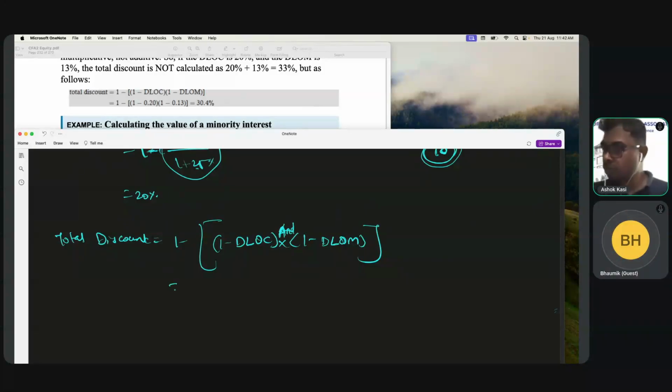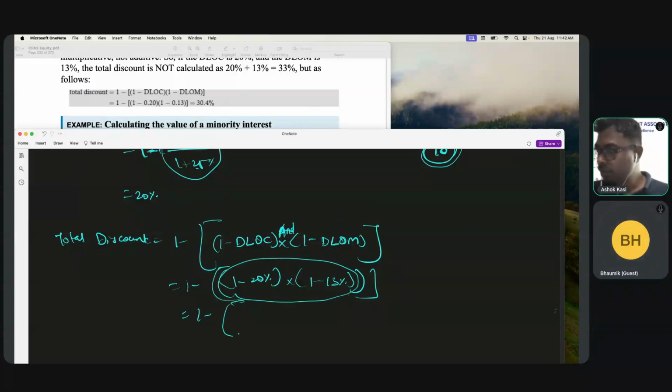So here in this case, 1 minus 20% lack of control and 13% lack of marketability. So for the total discount, just calculate this part.